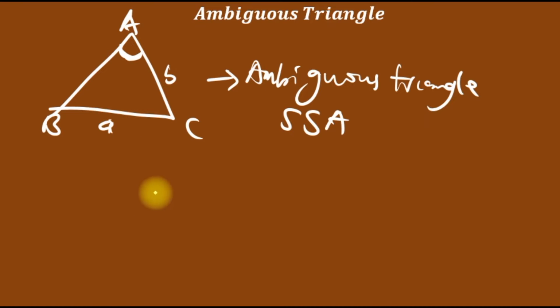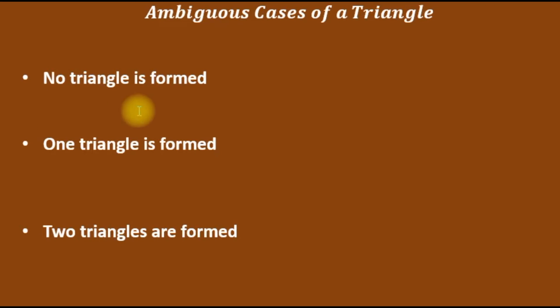So we have three cases of ambiguous triangle. The first case is no triangle is formed.